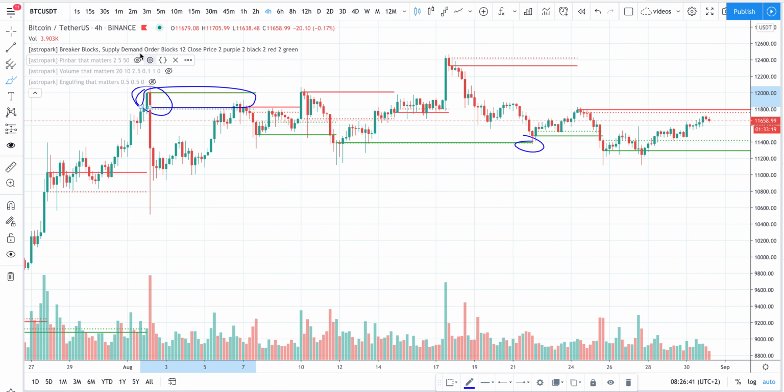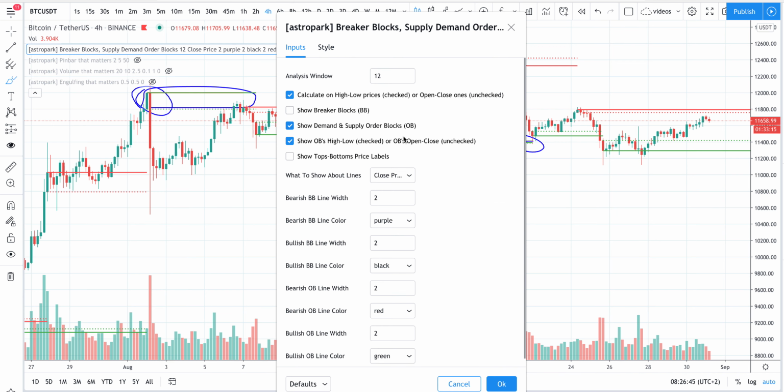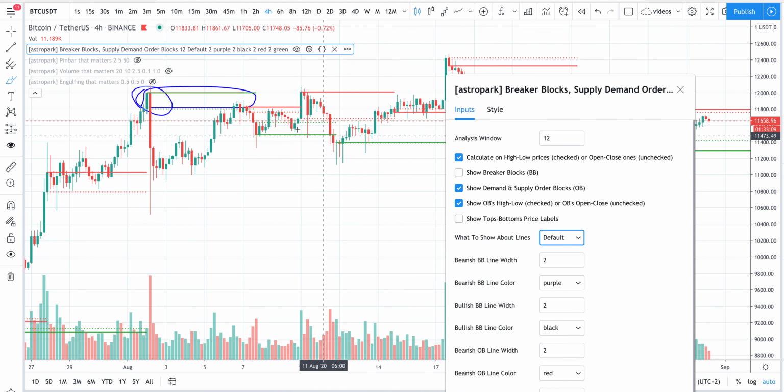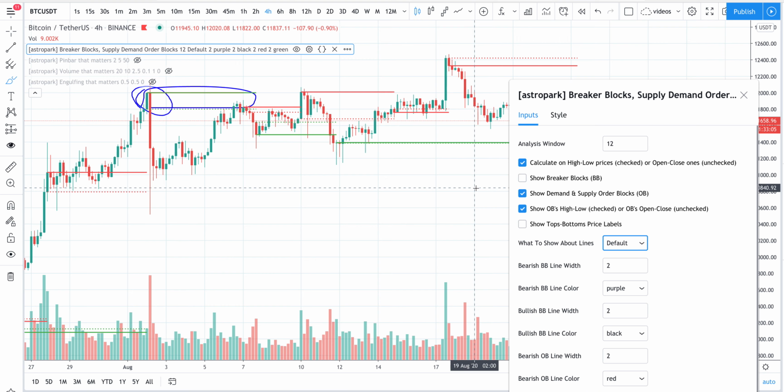By the way, another way to look at things is default. On default, you have only solid lines, for example.